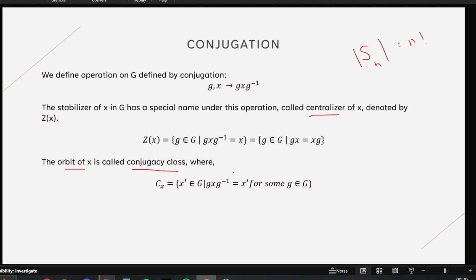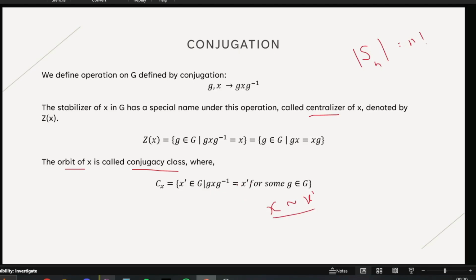So the conjugacy class, the orbit, is by definition where x travels under the action. So x is equivalent to x bar, and this relation basically gives us this.